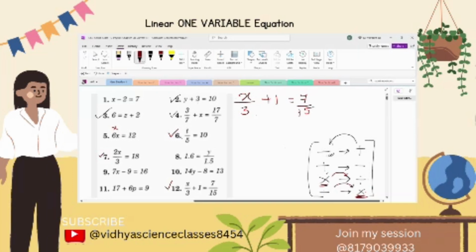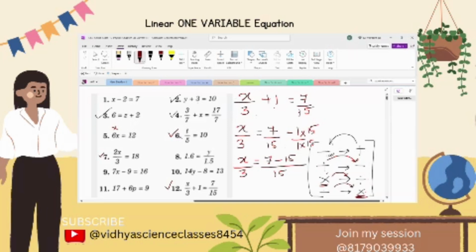Right? First, the addition will go to that side. It will become minus. So x divided by 3 is equal to 7 divided by 15 minus 1. Now find the LCM. It will be 15. So 15 multiplied in numerator as well as denominator. So it will be 7 minus 15 divided by 15 equal to x divided by 3.